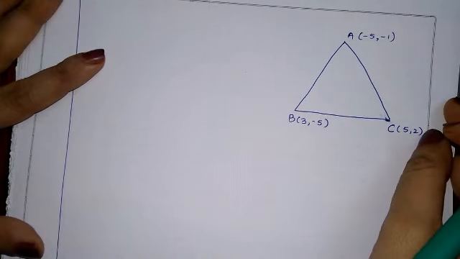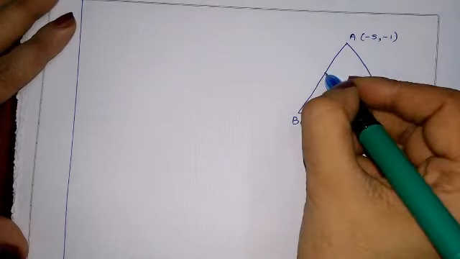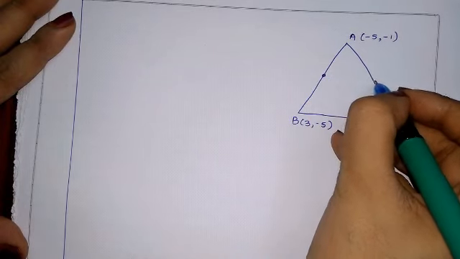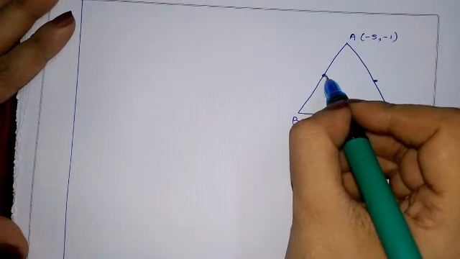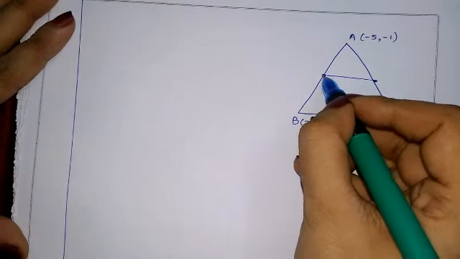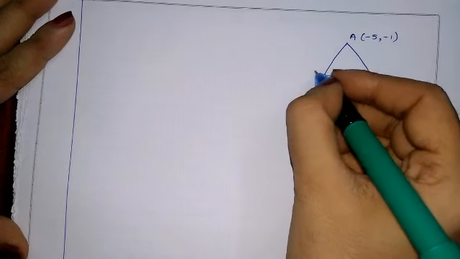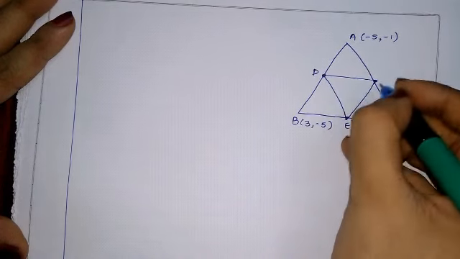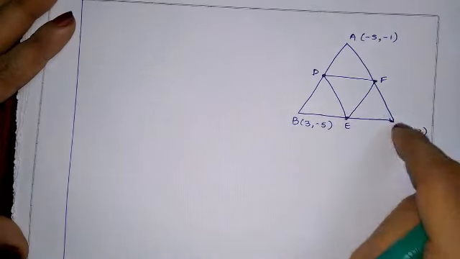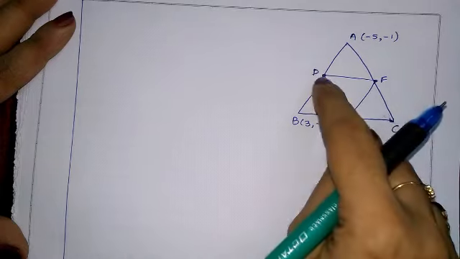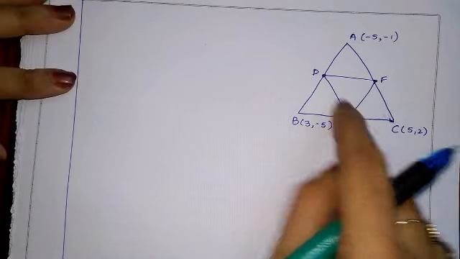Okay, these are the vertices. Now they have told us to show that the area of triangle ABC is 4 times that of the triangle formed by joining the midpoints. Here we have 3 midpoints of the 3 sides, so after joining the midpoints we'll get one more triangle, right? We'll name it DEF. The area of triangle ABC should be 4 times the area of triangle DEF.